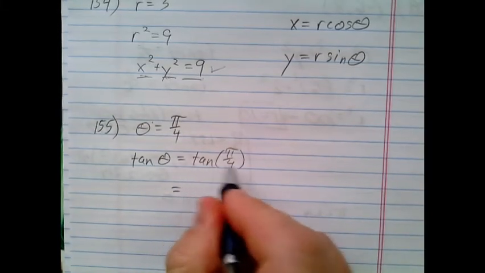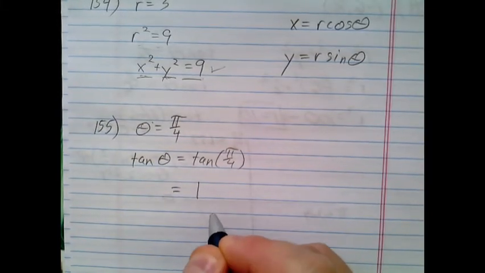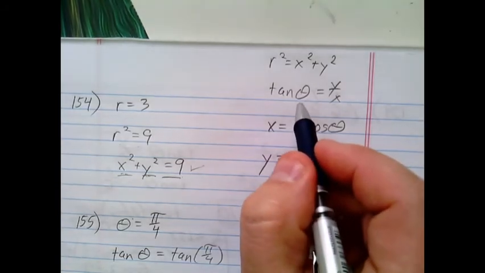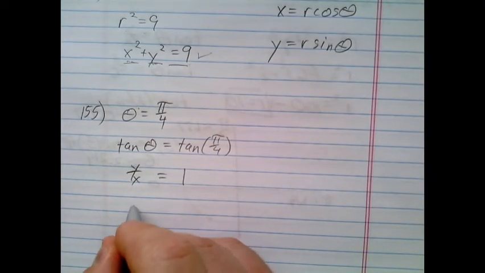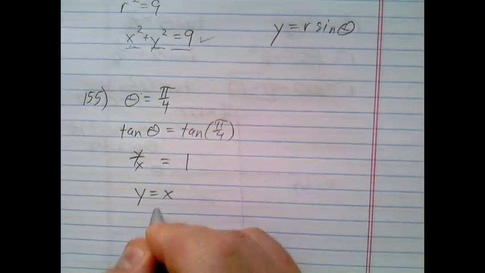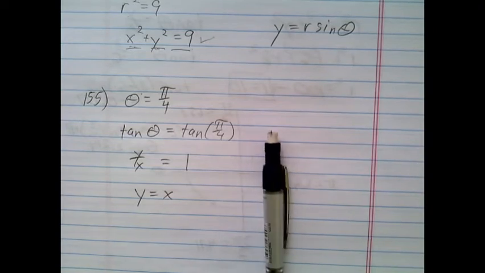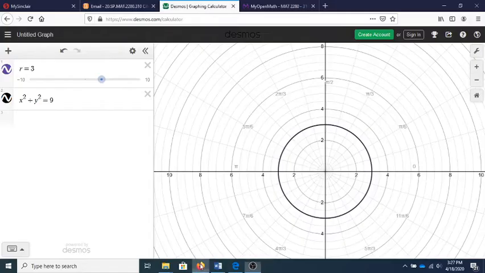Now tangent of pi over 4 is 1, and according to this formula up here, tangent of theta is y over x. So I can replace the left side with y over x, and I get the rectangular equation y equals x, which of course is exactly what I'm looking for.